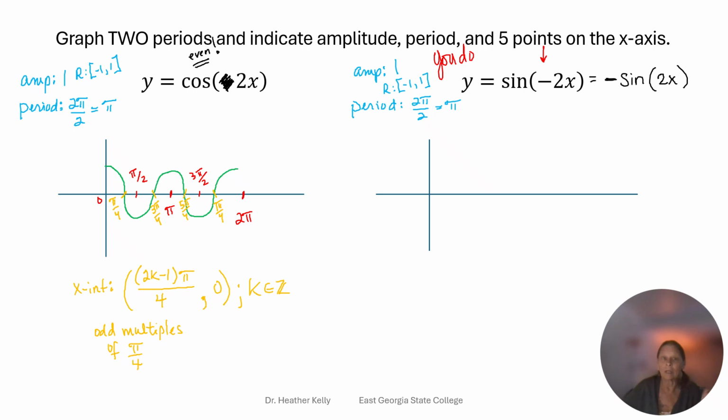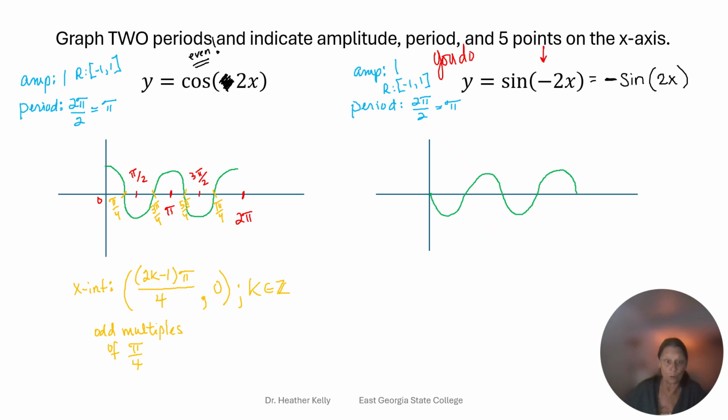Okay, so this time the amplitude the same, the period the same. Now what we do have is a flip. So we're going to start and go down instead of up. Starting at 0, we're going to draw our 2, 1, 2.